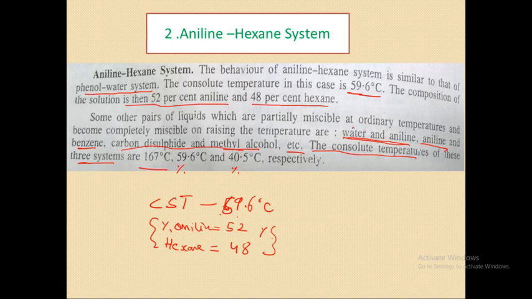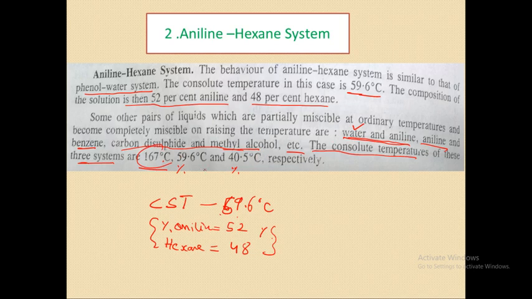Suppose water and aniline: if you are studying water and aniline, their partial miscibility temperature is 167 degrees Celsius, with water 59.6% and aniline 40.5%.